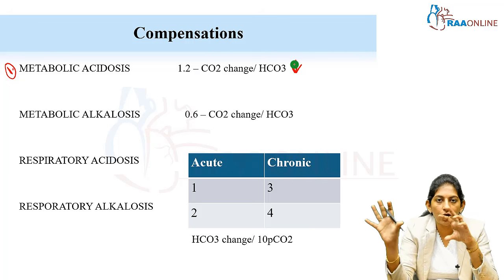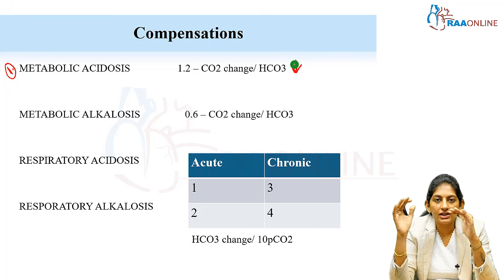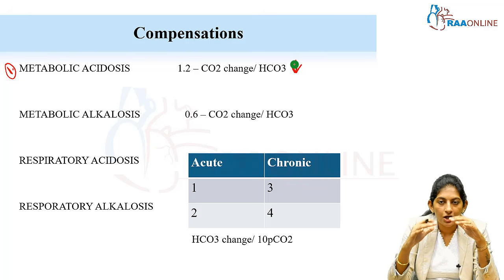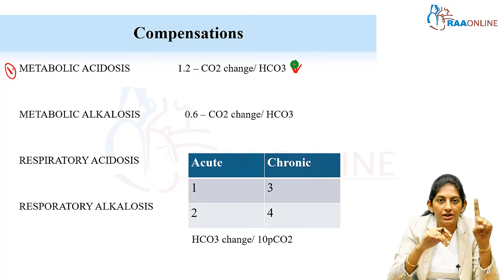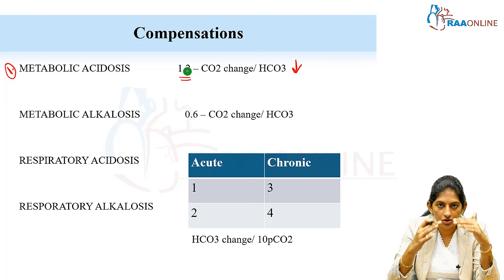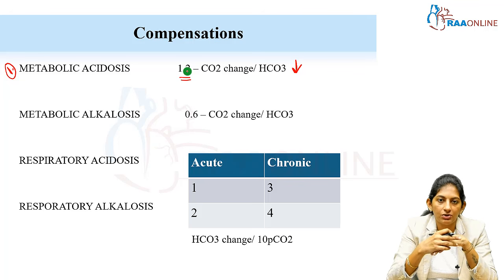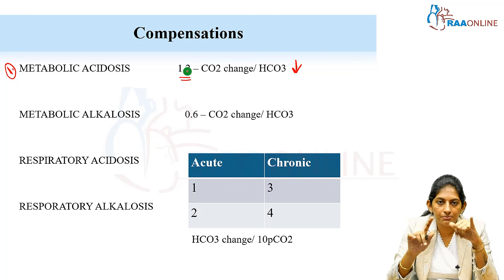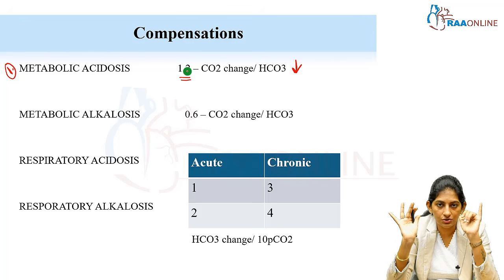Metabolic acidosis will be compensated by the lungs. So, the respiratory rate will become high. The carbon dioxide should fall. For every 1 bicarbonate low, 1.2 times carbon dioxide also should fall. Okay, so 1.2 times change of bicarbonate should be there. Simple. This is metabolic acidosis.